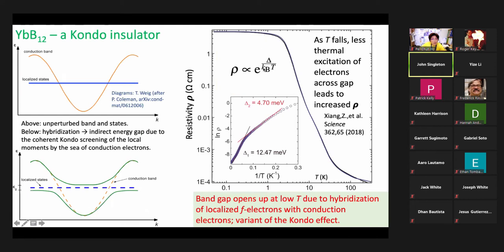But in general, for things like this, the resistivity is given by e to the power of the band gap divided by the temperature. And this shows that there's a little kink here and here. So the band gap spends some time opening up until it settles down to a low temperature value. But basically, it's a Kondo insulator. There's a band gap there, and that makes it into an insulator.